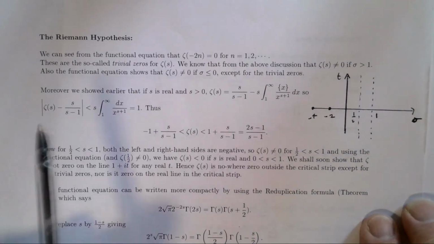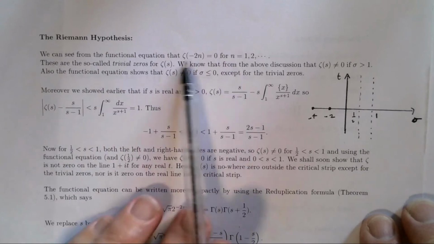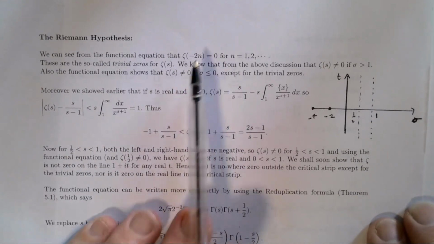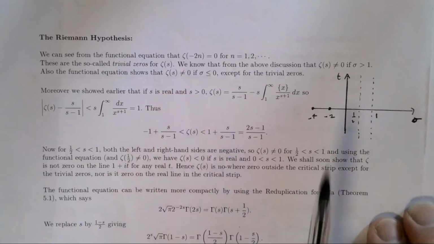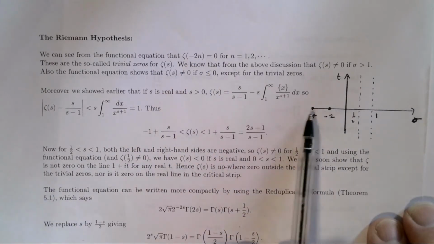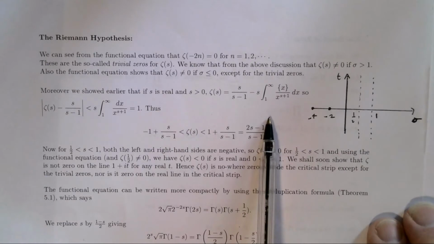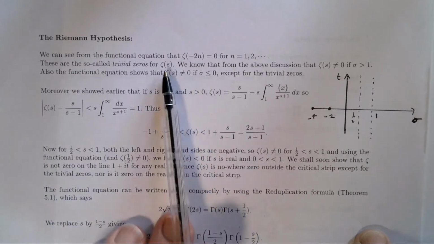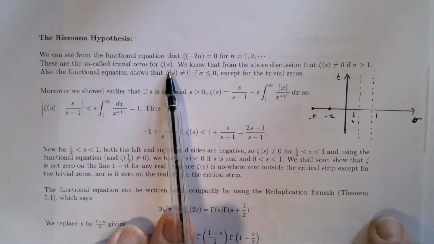From the functional equation I mentioned before, zeta of minus 2n is 0, that is, at all of the negative even integers, so at minus 2, minus 4 and so on, the zeta function takes the value 0. These are the so-called trivial zeros of zeta of s. As I mentioned, they arise from that sine term in the functional equation.